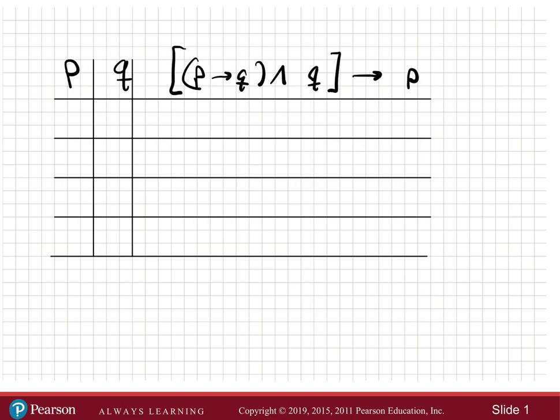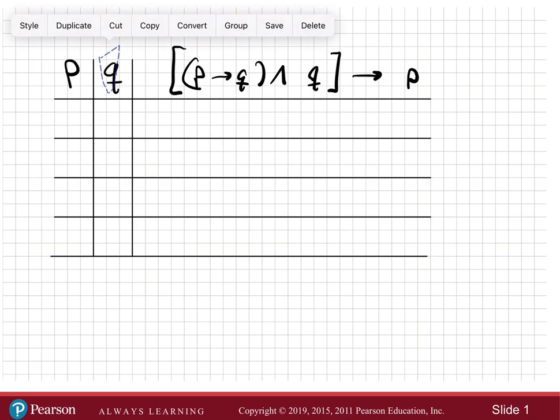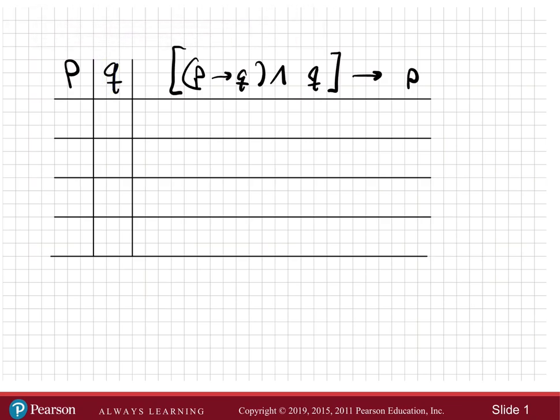Okay, and let's move this over just a little bit. All right, so two simple statements, 4 rows. You should know how to do this by now. True, true, false, false, true, false, true, false.